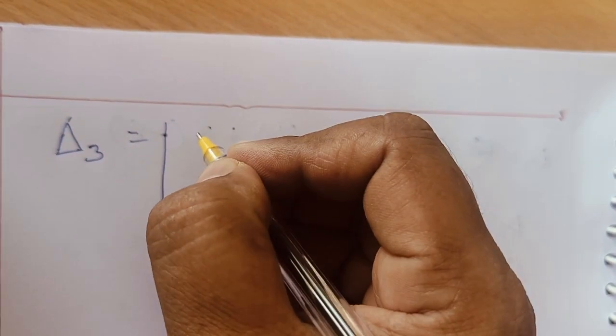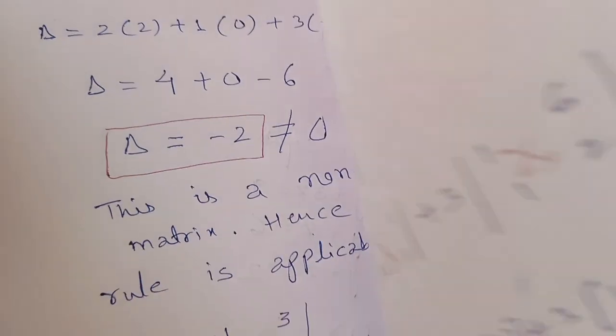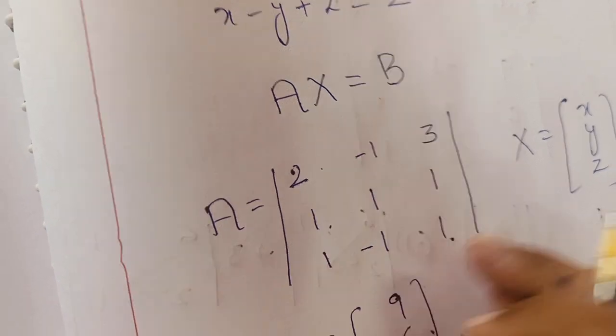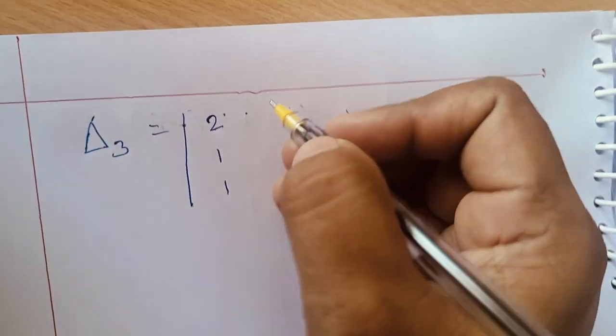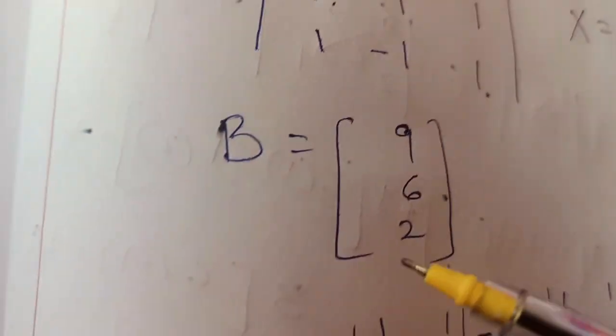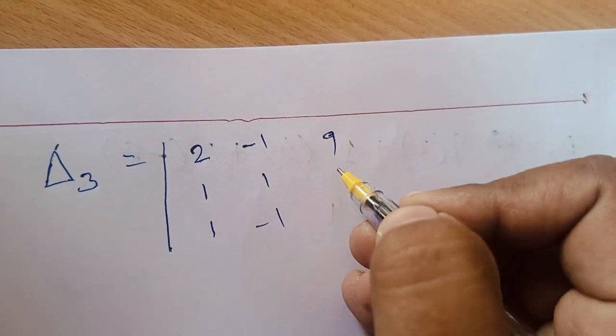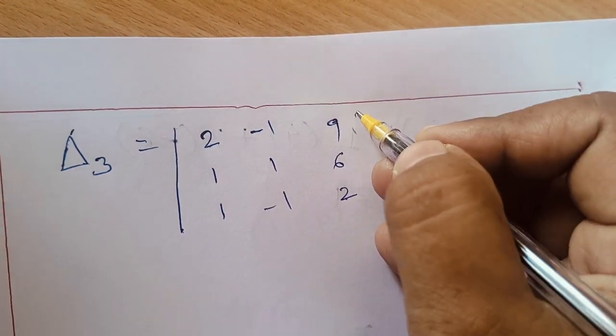Here we will write 2, 1, 1. Second column minus 1, 1, minus 1. Now this third column, instead of 3, 1, 1, we will write 9, 6, 2.